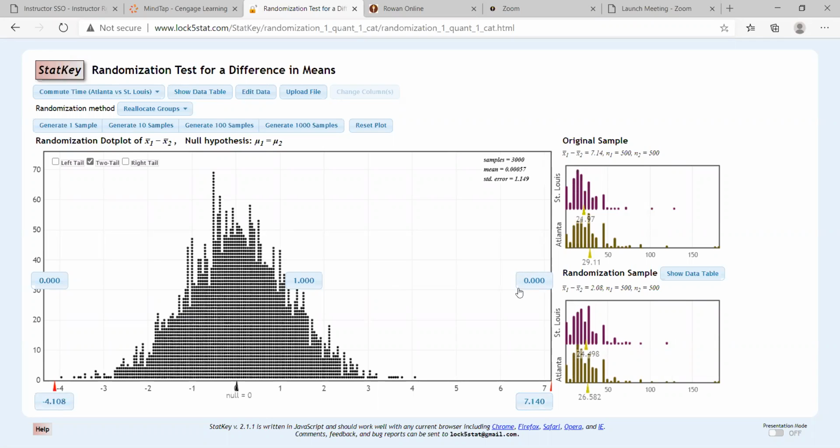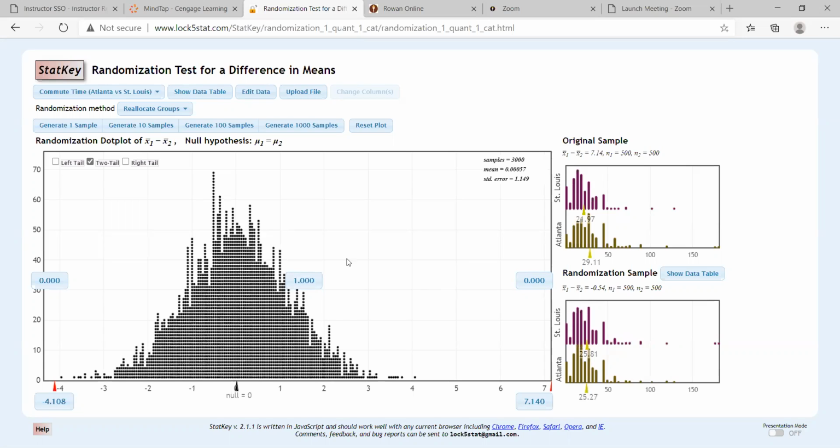You're going to add up these two numbers. It's always the sum of these two numbers for a two-tail test. In this case, it's going to be 0. Then you compare the sum of those two to alpha. If the sum is less than or equal to alpha, we reject the null, and if it's greater than alpha, we do not reject the null.